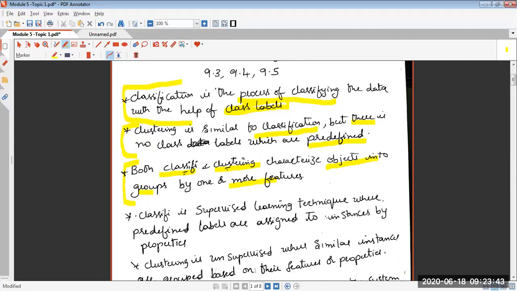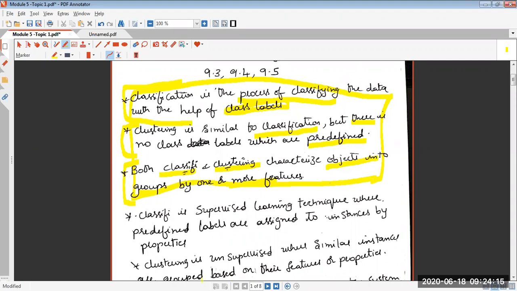To summarize the first three points, please try to understand both classification and clustering will create groups based on features. The groups are nothing but classes. But in classification, you are explicitly defining what are the class names, what should be class A, B, C. But in clustering, the algorithm itself will do that, meaning that classification is supervised.